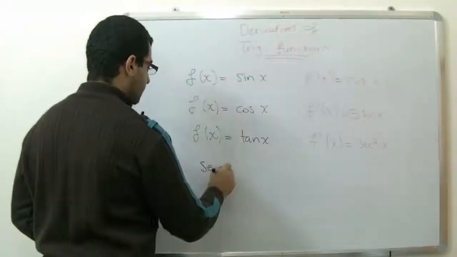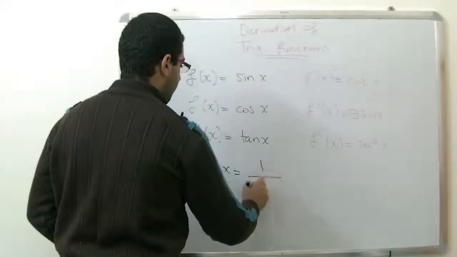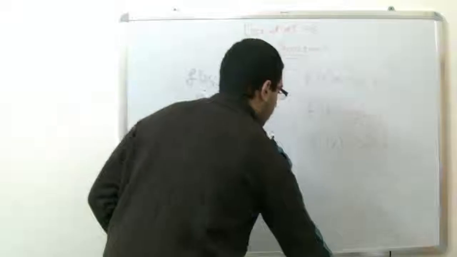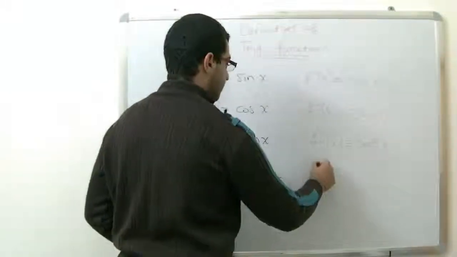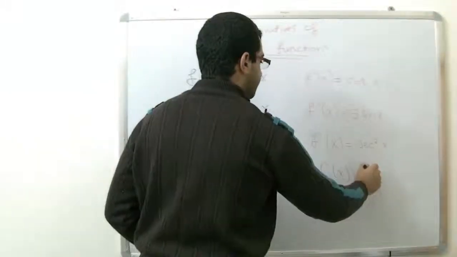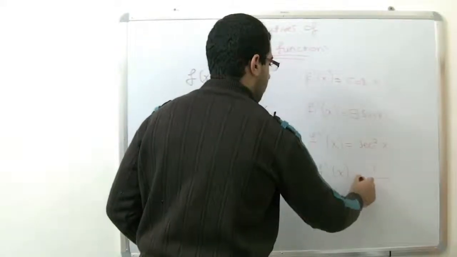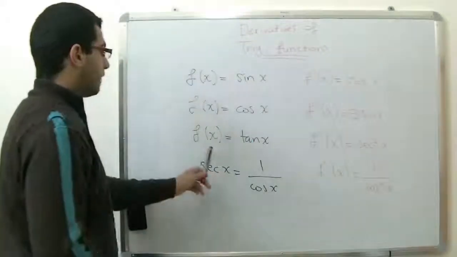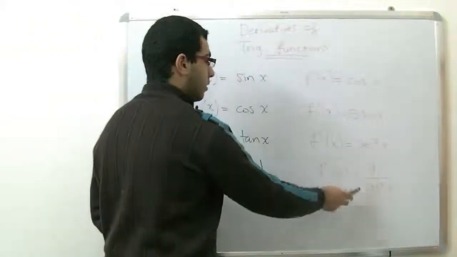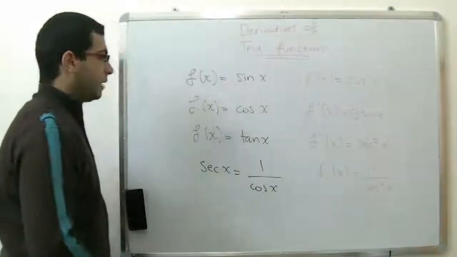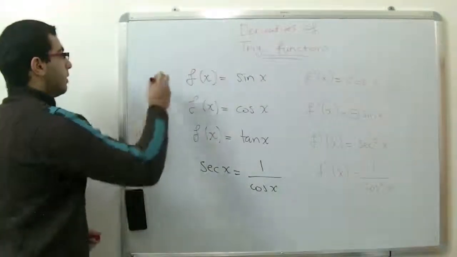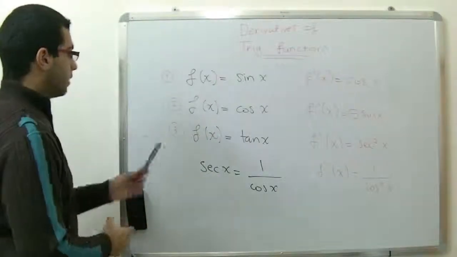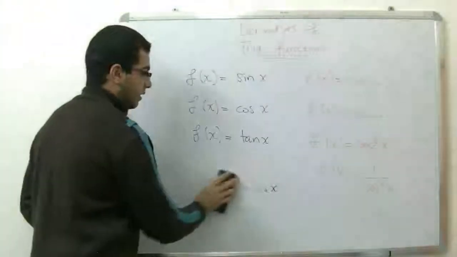So sec x equals 1 over cosine x, and accordingly we can write this in another way, which is 1 over cosine square x. So the derivative of tan x may be written like this, or may be written like this. So these are our three rules. So let's apply them in some examples.